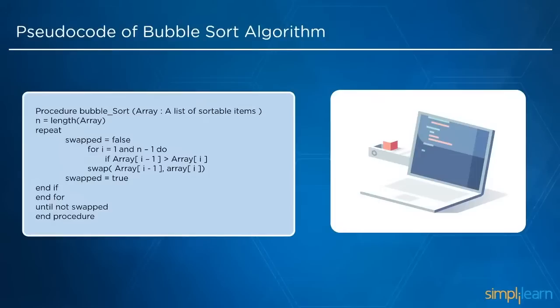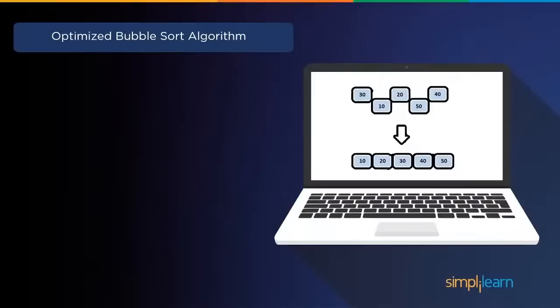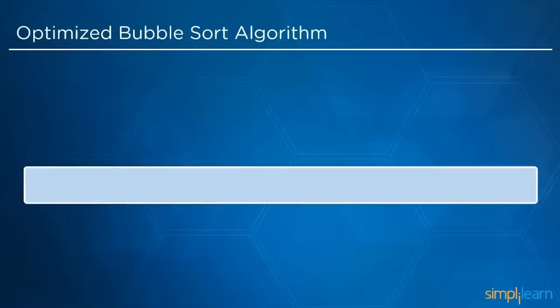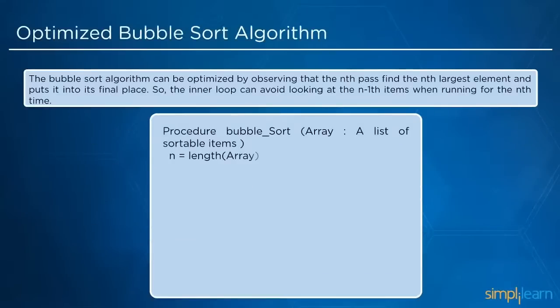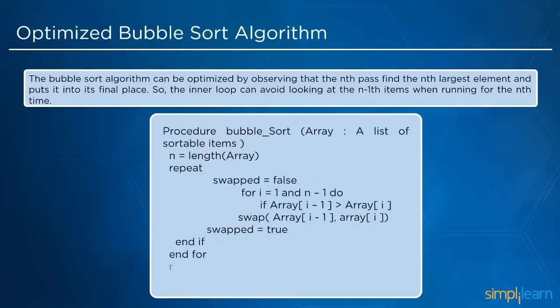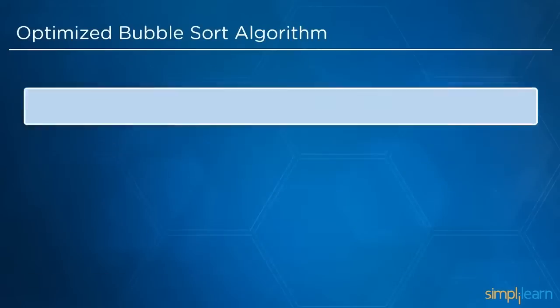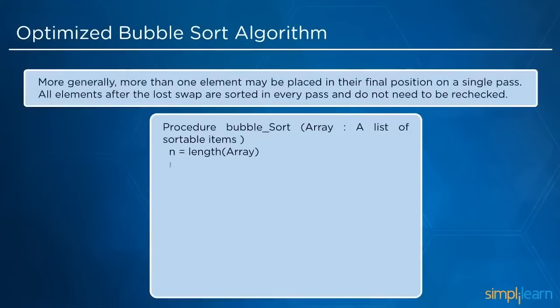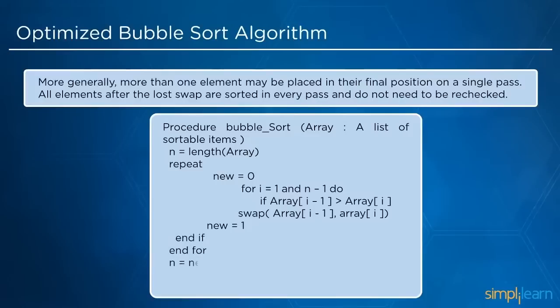After understanding the pseudocode of the bubble sort algorithm, let's learn about the optimized bubble sort algorithm. We can optimize the algorithm's inner loop by programming it to avoid the comparison at the n-1 position after every iteration, since the nth element is already sorted in the previous iteration. More generally, more than one element may be placed in its final position on a single pass.